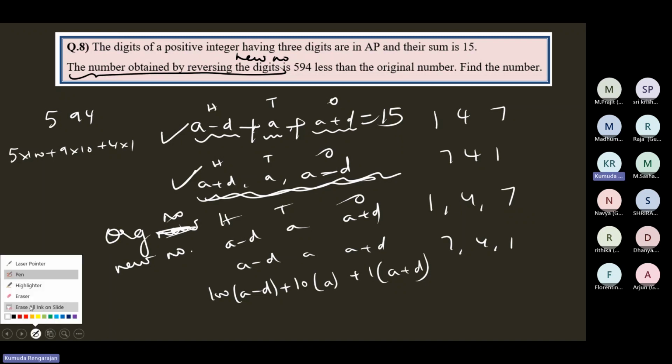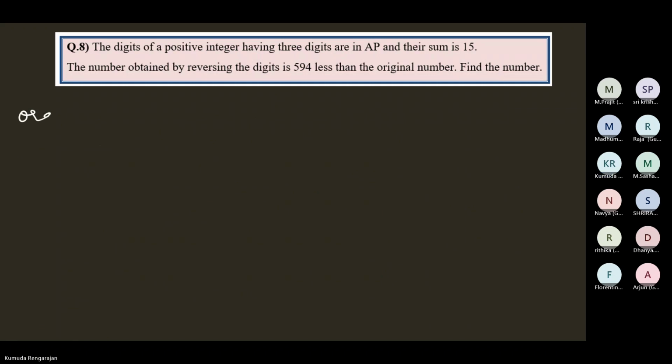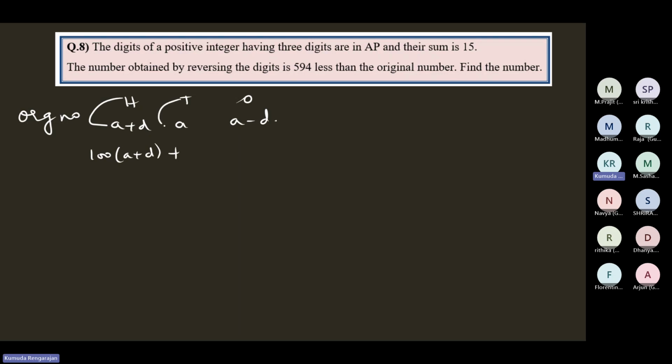Original number, hundreds, tens, ones, A plus D, A, A minus D. The original number will be 100 into A plus D plus 10 into A plus 1 into A minus D. This is the original number.